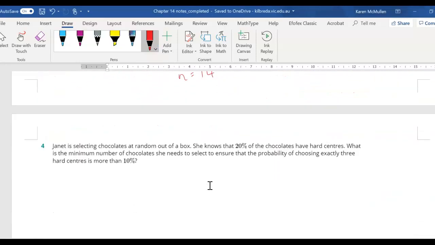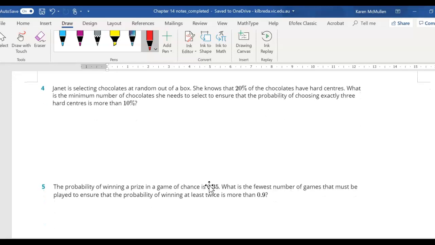All right, let's scroll on to question 4. So Janet is selecting chocolates at random out of a box. She knows that 20% of the chocolates have hard centers. What is the minimum number of chocolates she needs to select to ensure that the probability of choosing exactly 3 hard centers is more than 10%? All right, so what have we got? 20%, so P is going to be equal to 20% or 0.2 as a decimal.